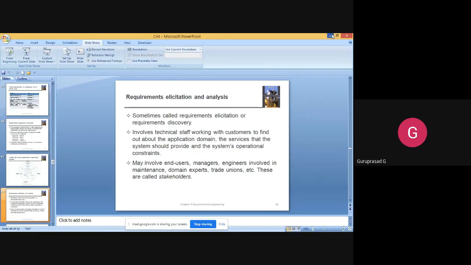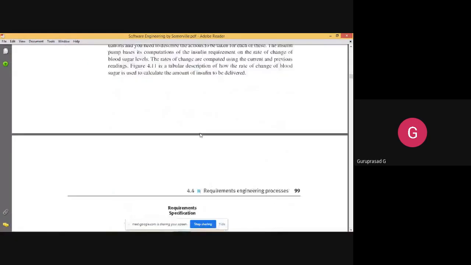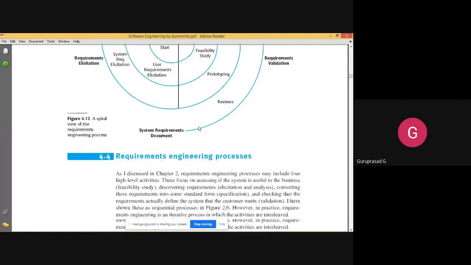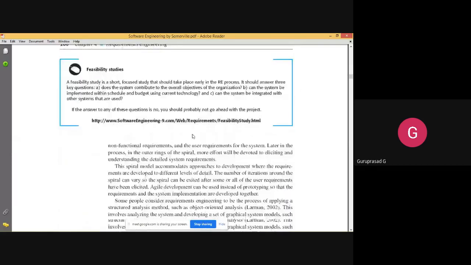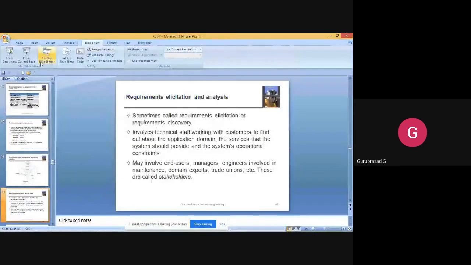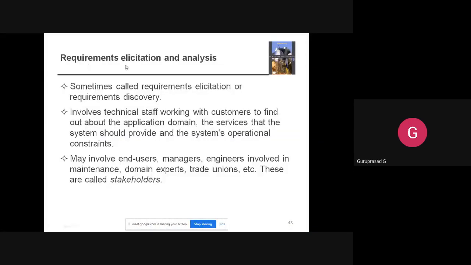Before that, what I wanted to show you here is the analysis model. This is the same thing I showed you here.